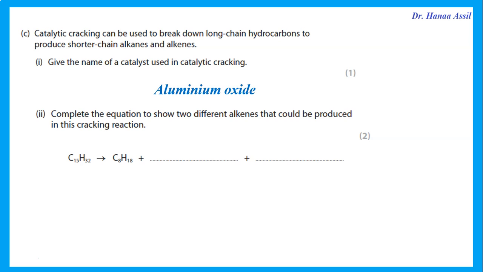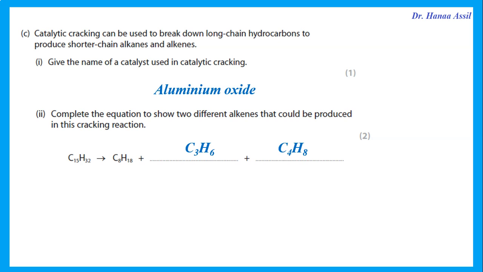Now, if I remove 8 from it, then I'm left with 7 carbons. I want to distribute them on two different alkenes. So let's say one of them will have 3, then the other one has 4. So that's a total of 7 carbons plus 8, that's 15.